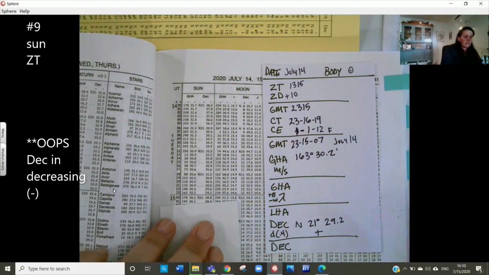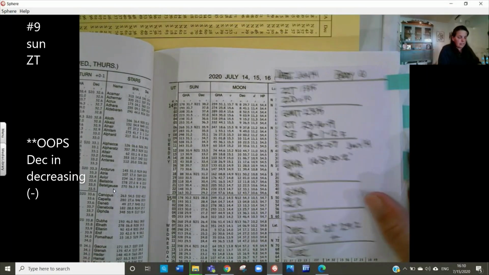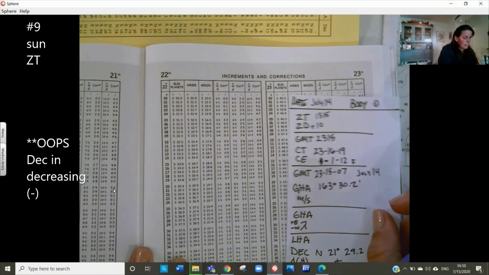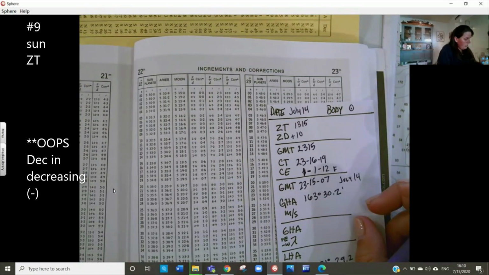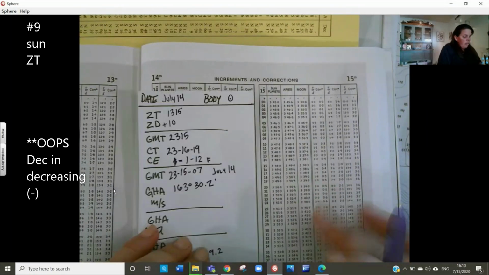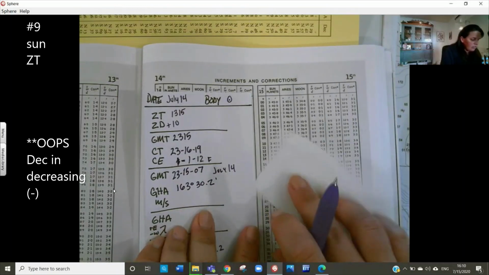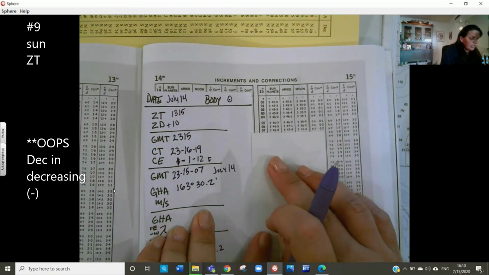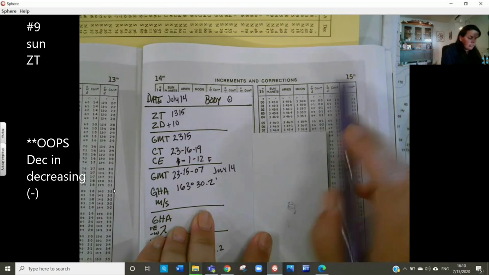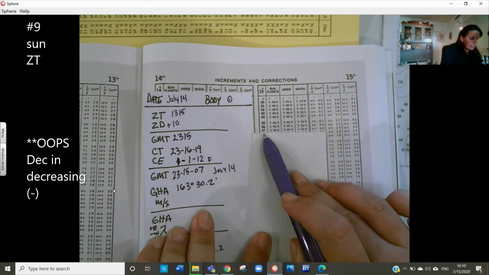So now we can go to our minutes and seconds. And we are looking for 15. There we go. 15:07. 15 minutes, 07 seconds.